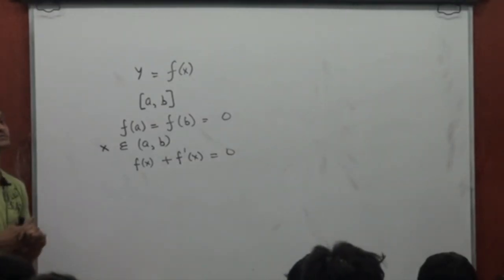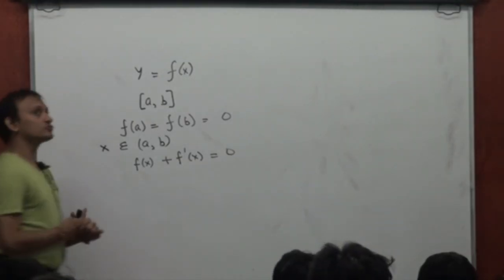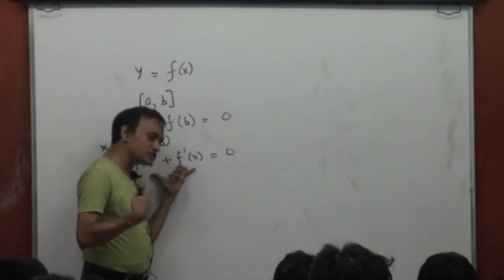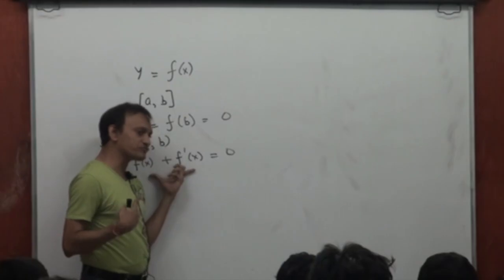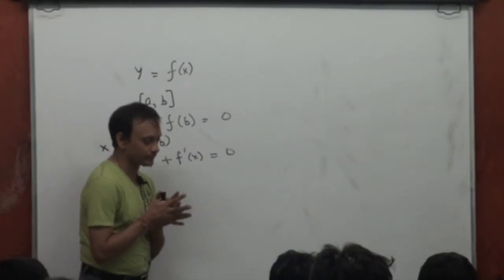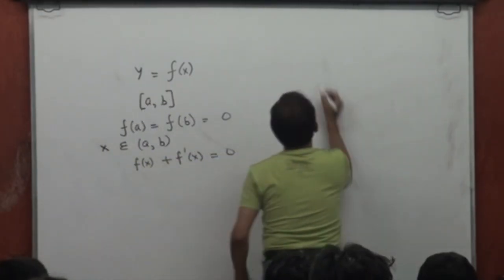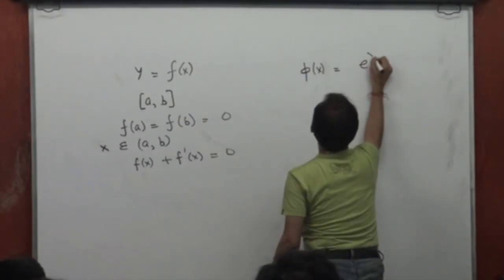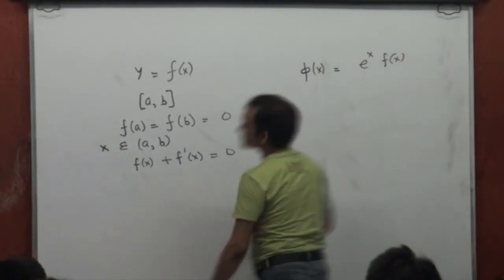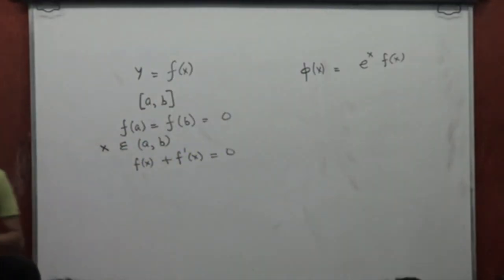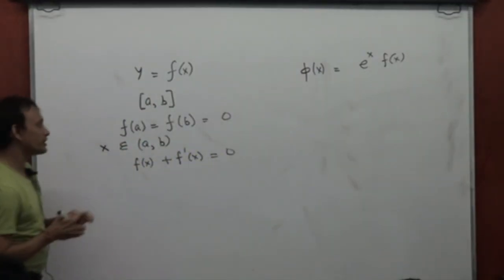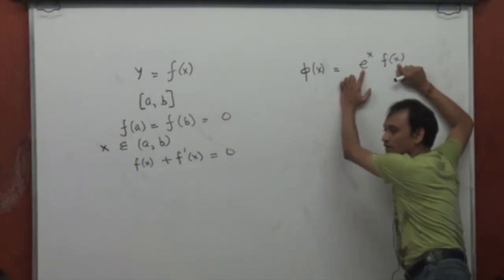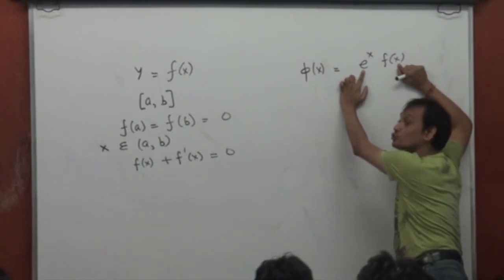Again, in this case, you would have to imagine that this expression would come out of differentiating something. If I look at phi x as e power x f(x), then do you realize that you'll get e power x into f(x) plus e power x into f dash x.